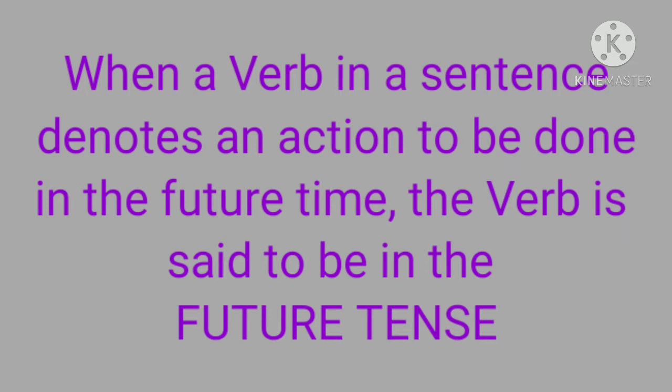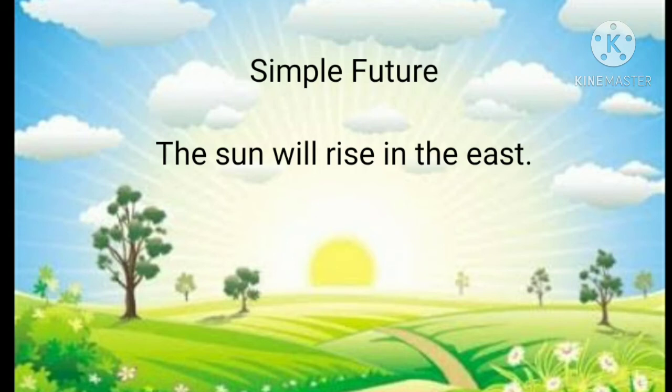So this will automatically make you understand that this sentence is in the future. So for example of the simple future, we use the same sentence as the present, that is the sun will rise in the east.